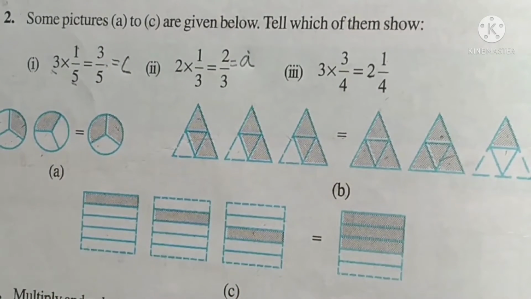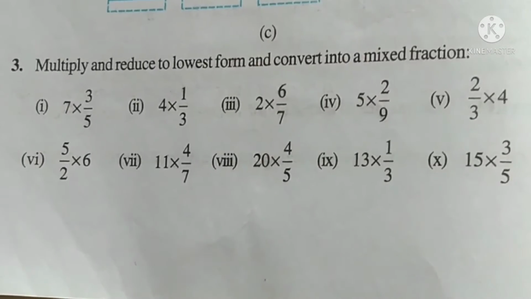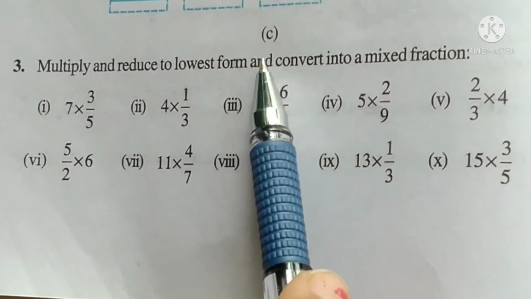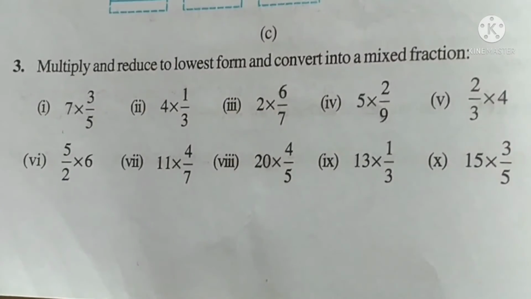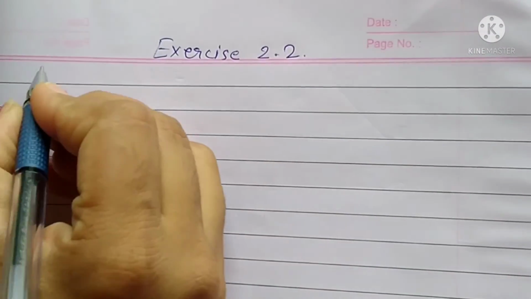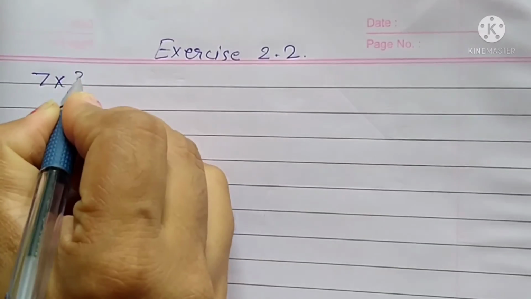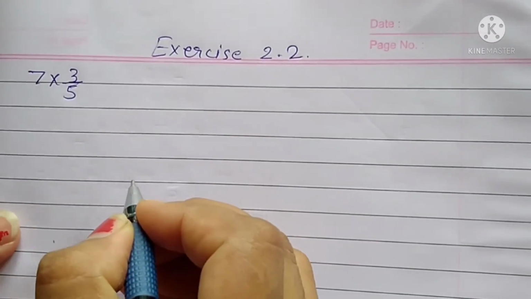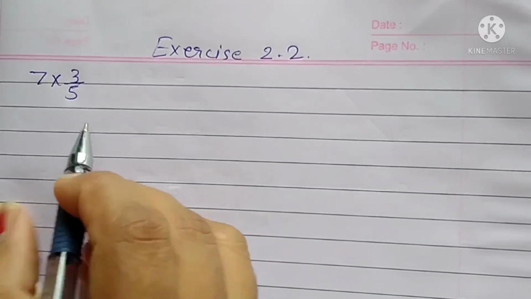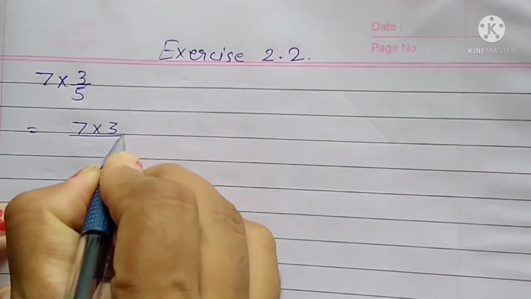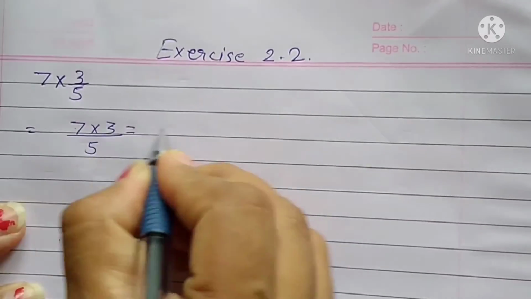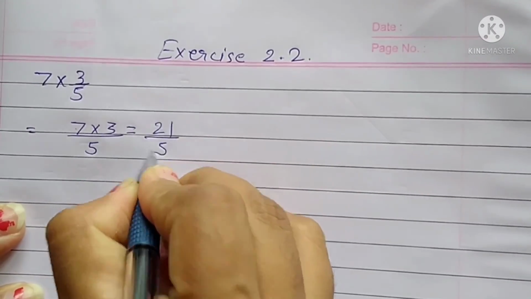Now go to question number 3. Multiply and reduce to lowest form and convert into a mixed fraction. So the first one is 7 multiplied by 3/5. So we convert it or reduce it to the lowest form. So 7 multiplied by 3 upon 5. 7 3s are 21 upon 5.